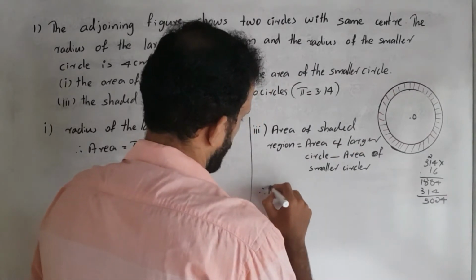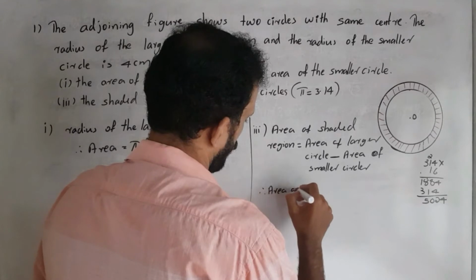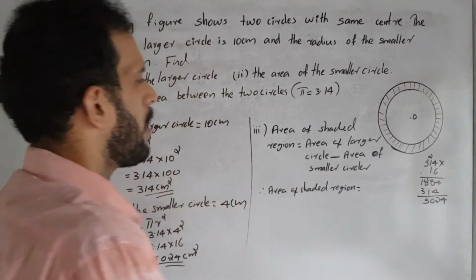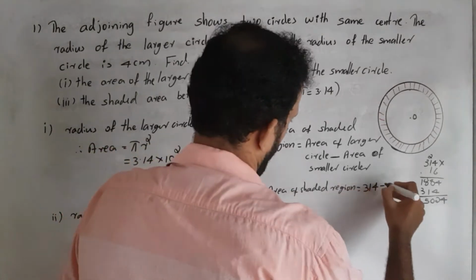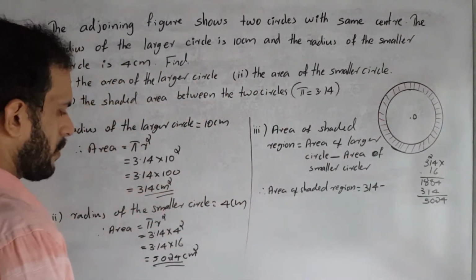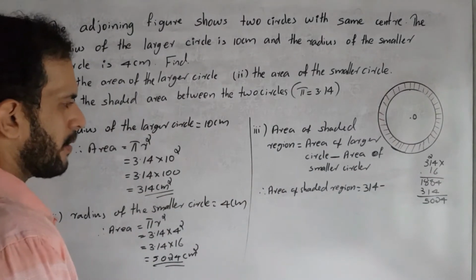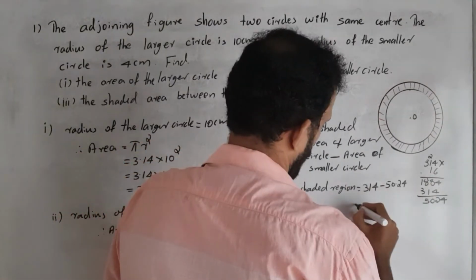Therefore, area of shaded region is equal to, yes, we already found the area of the larger circle. Area of larger circle is 314 minus the area of the smaller circle, that is 50.24.